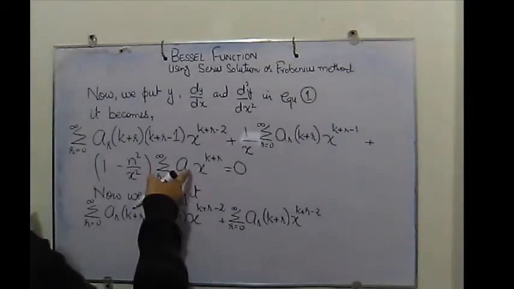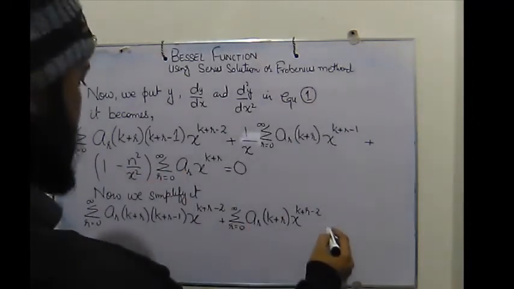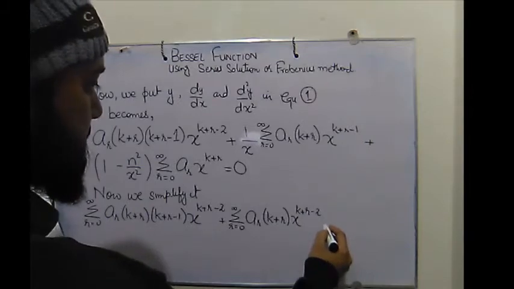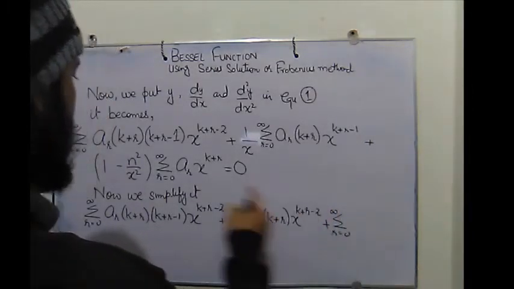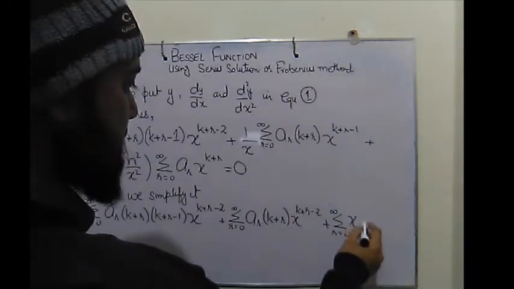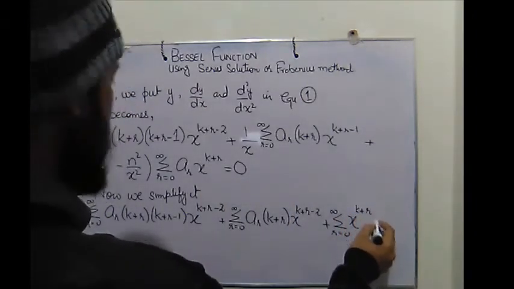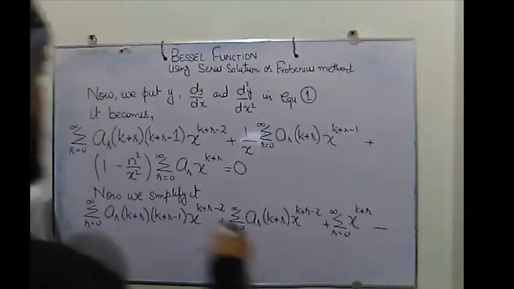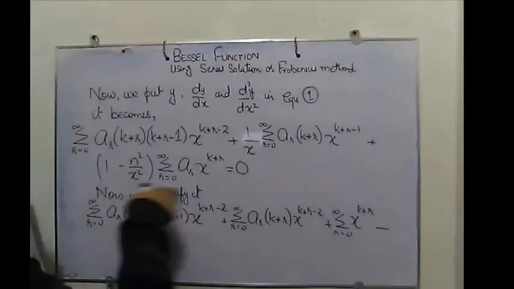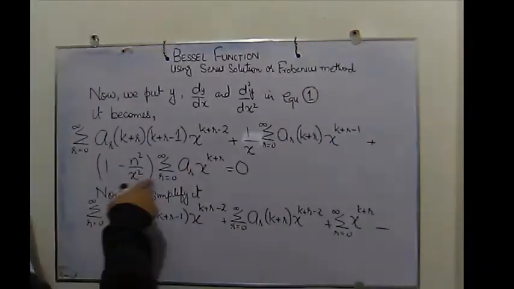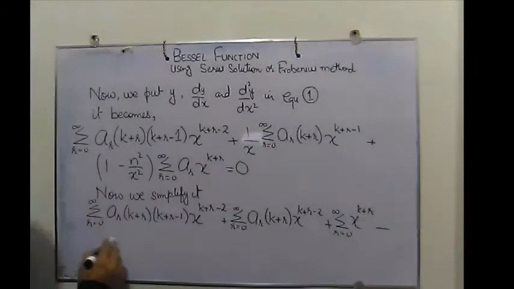Then we multiply this term inside, and we will get summation r is equal to 0 to infinity x to the power k plus r minus 2. When we take this one up, it becomes k plus r minus 2.